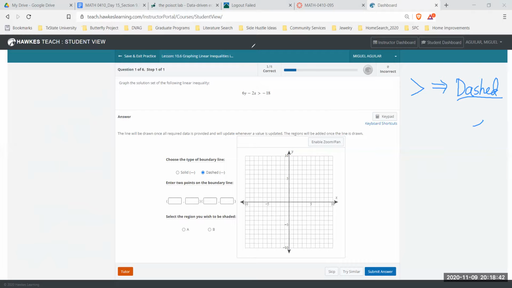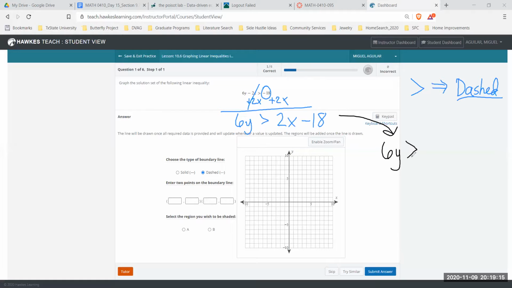Now we can do some algebraic manipulation of the inequality to get the y by itself. So in this case, we'll add the 2x over to the other side. So we get 6y is greater than 2x minus 18. This one requires a little bit more work, so I'm going to move over here so I have some more space to work.